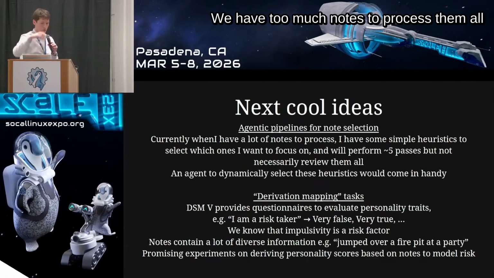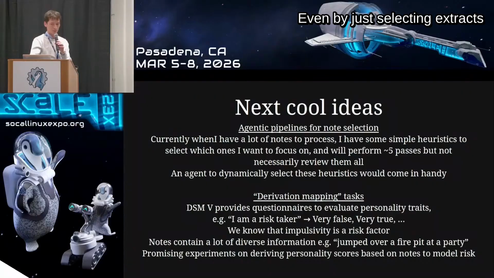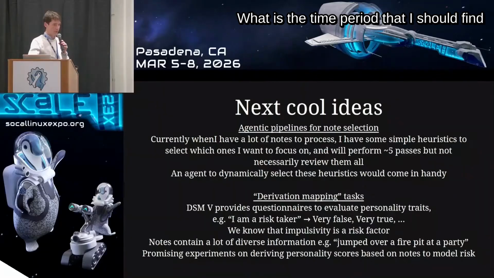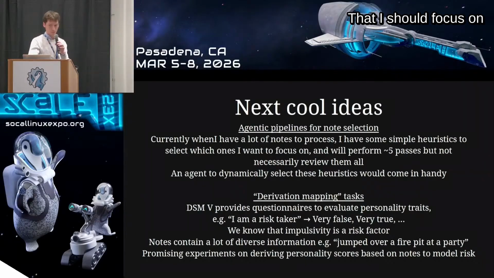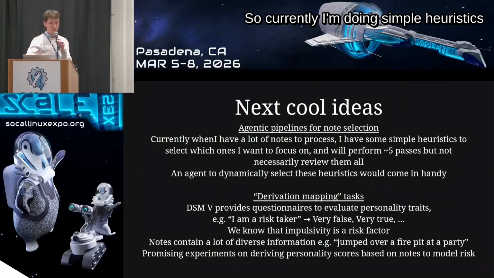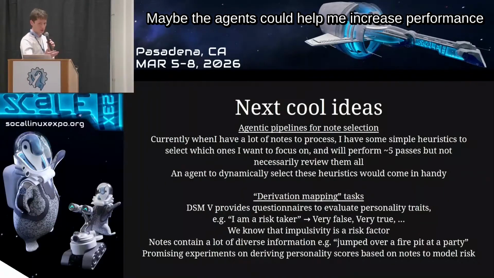We have too many notes to process them all, even by just selecting extracts. I'm thinking that maybe an agent could help me focus on what time period I should focus on. Sorry, I didn't see that. So currently I'm doing simple heuristics. Maybe the agents could help me increase performance.